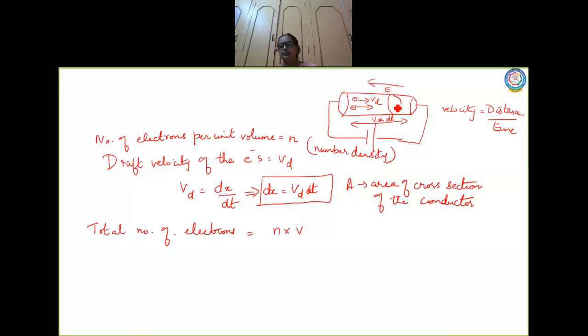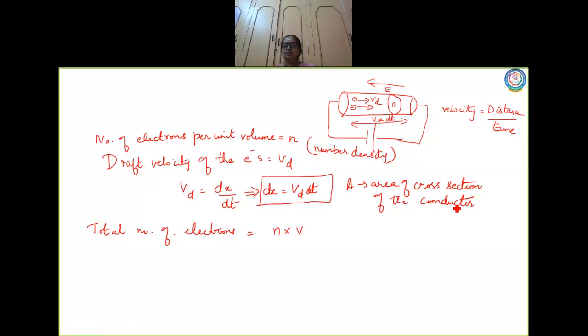How many electrons are there in this section is given as n. So n into the volume of the conductor is nothing but the total number of electrons. Hope you are able to understand this. Number of electrons per unit volume means how many electrons are there in 1 meter cube volume? That is n. That value multiplied by the volume of the conductor will give you the total number of electrons. Yes or no?